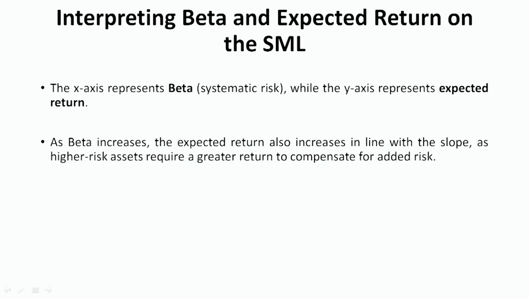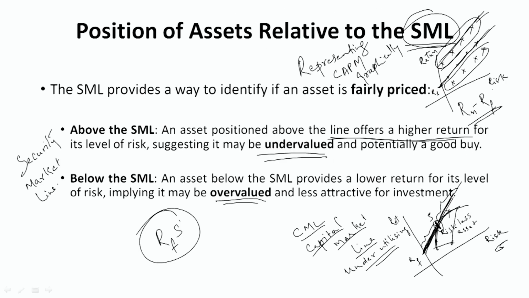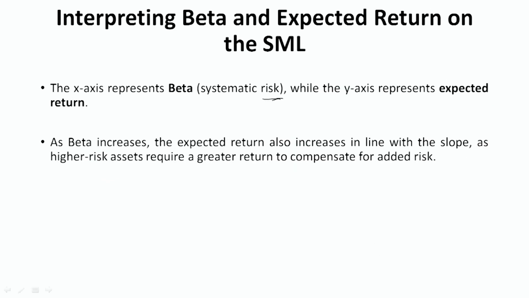And how is beta interpreted and the expected return on the security market line? The x-axis is representing beta over here. So the risk I talked about in the graph is nothing but the systematic risk, and systematic risk is otherwise called beta, right?